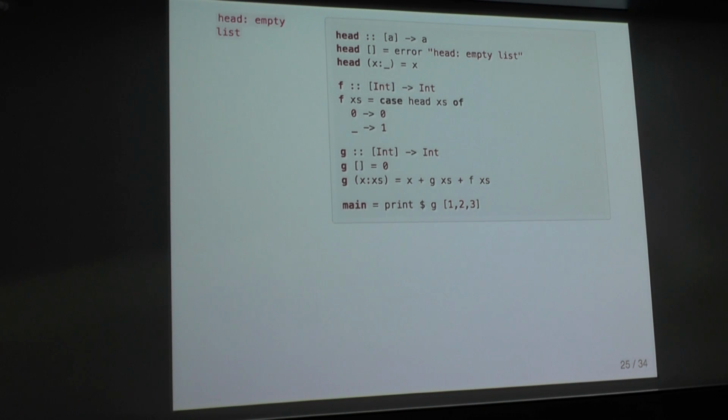So you want the first element of a list, and what if the list is empty? Well, I don't know what else to do, so I'm going to throw an error here, right? And this is really terrible to find, because all you see is, in one of your multiple threads, somewhere somebody tried to access an empty list, and I don't know how to deal with it. Screw you, right? That's basically what you get.